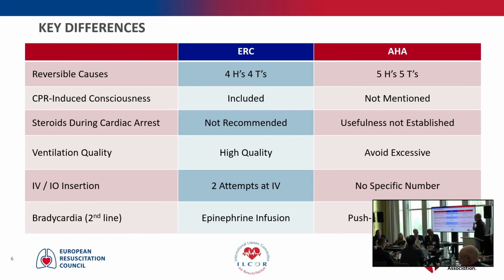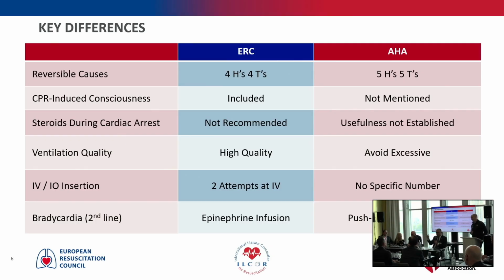Yeah, excellent. Okay, a couple more topics before we take questions from the audience and the online audience. Reversible causes. So there's one discrepancy in there. What's the discrepant reversible cause between, I guess, two, one H and one T? So we've put pulmonary and coronary thrombosis as one, and we don't have hydrogen ions because we don't want people giving sodium bicarb, and I don't know how you can reverse hydrogen ions apart from restarting the heart or something.